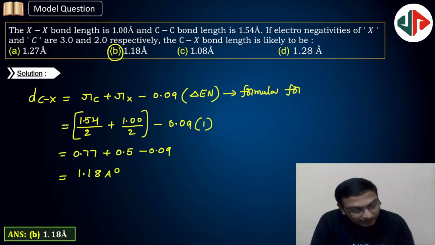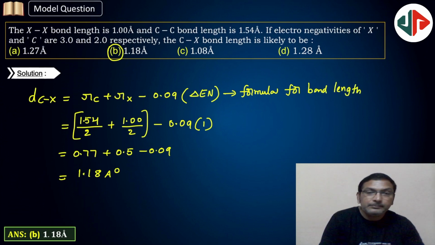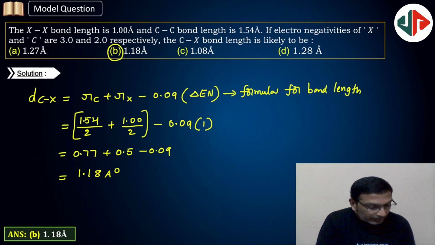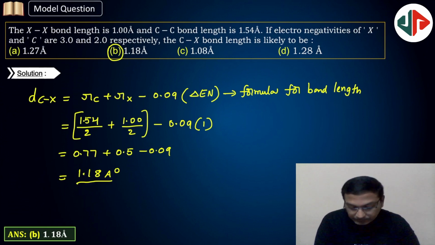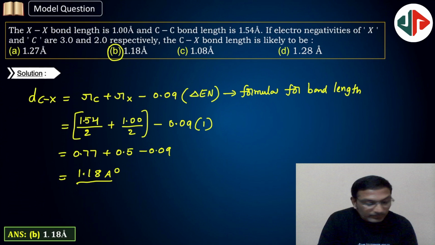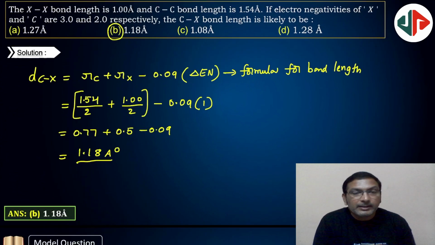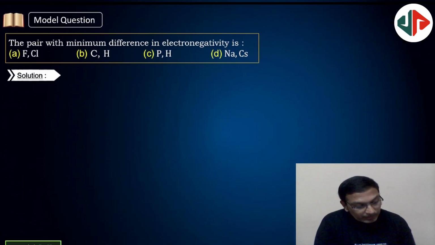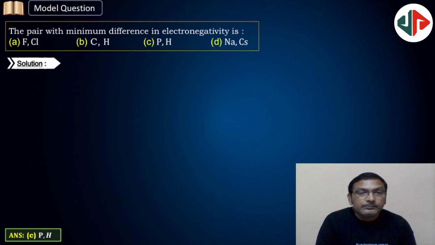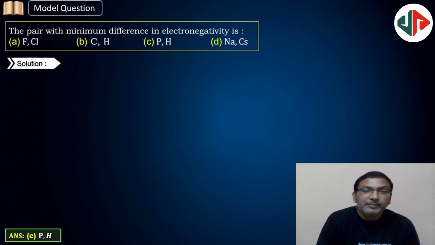Formula for bond length, 1.18. Next question. The pair with minimum difference in electronegativity is.